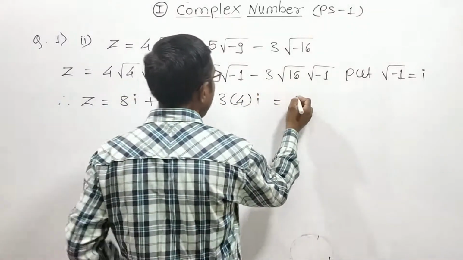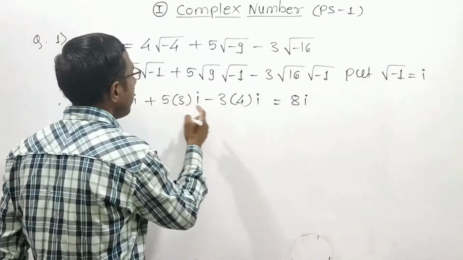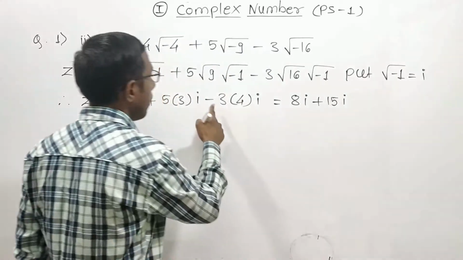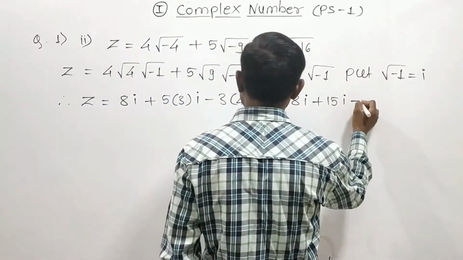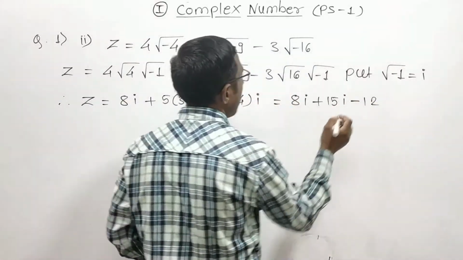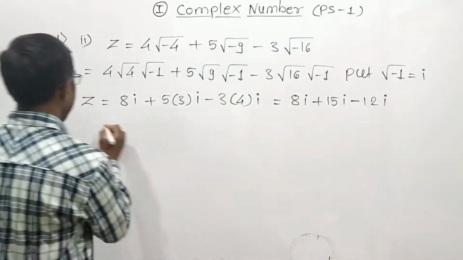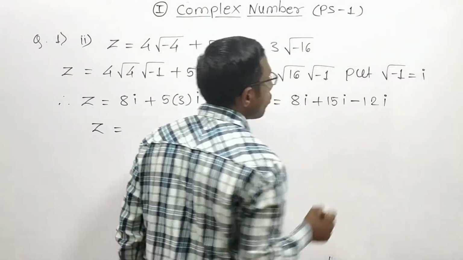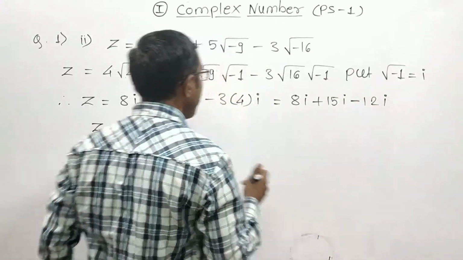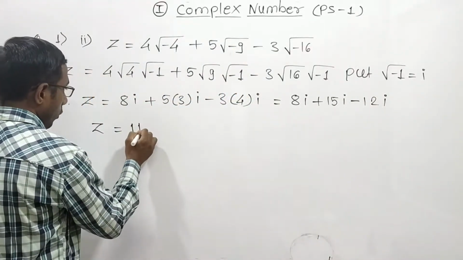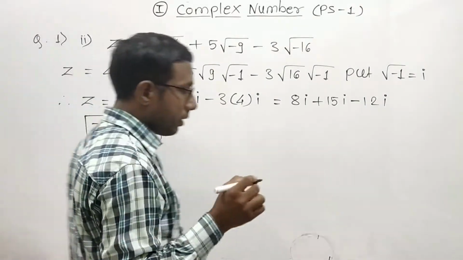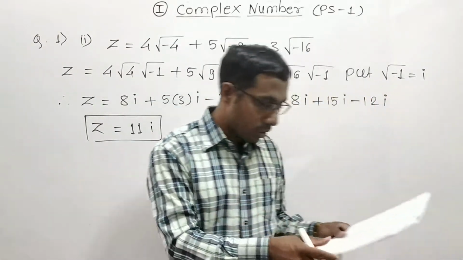This is 8i plus 15i, then minus 4 threes are 12i. So therefore z is equals to 15 minus 12 plus 8, that is equals to 11i. Is it so? Next one.